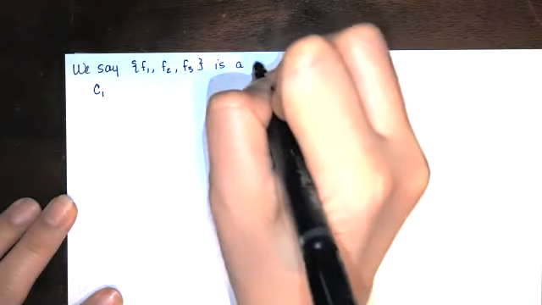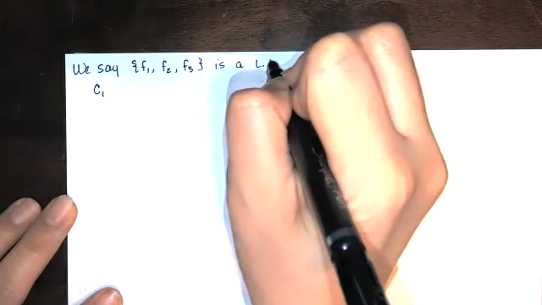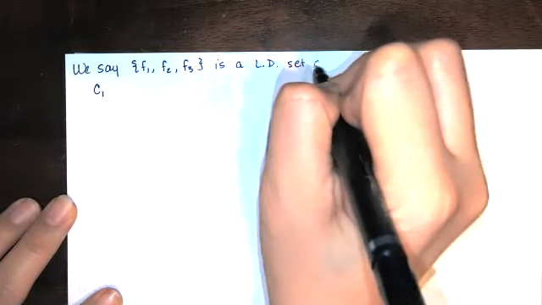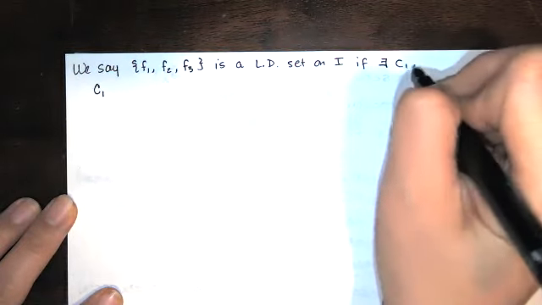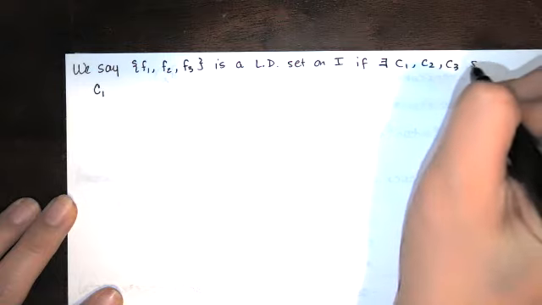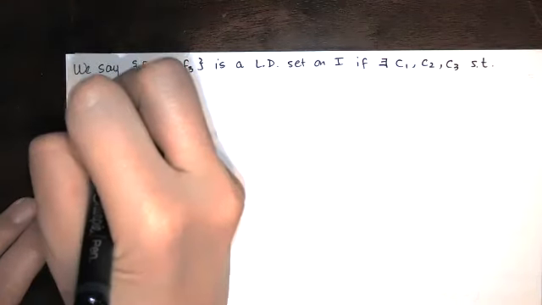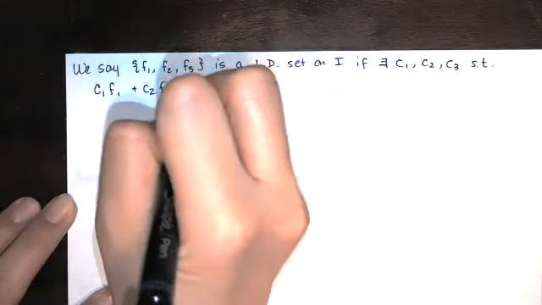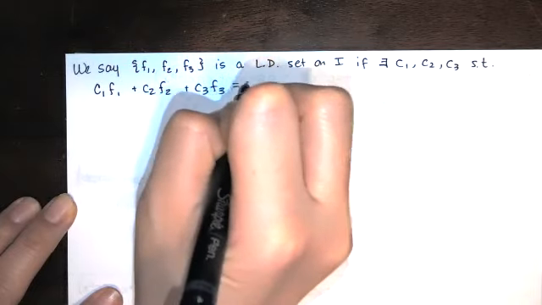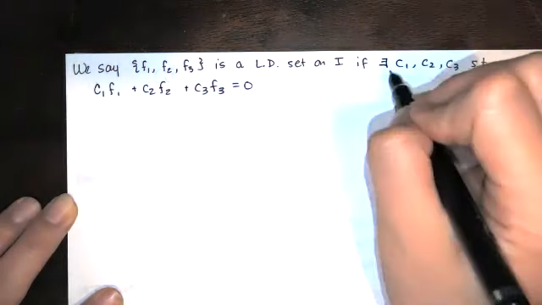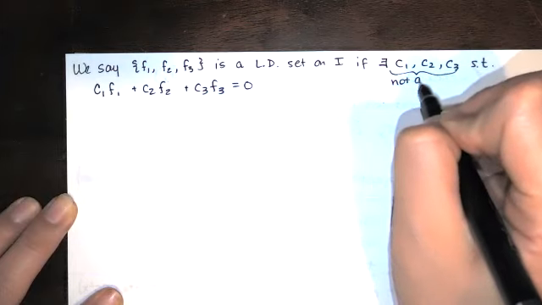So we say that the set of functions f sub 1, f sub 2, and f sub 3 is a linearly dependent set on an interval I if there exist constants C1, C2, and C3 such that C1 times F1 plus C2 times F2 plus C3 times F3 equals 0, and these are not all 0.